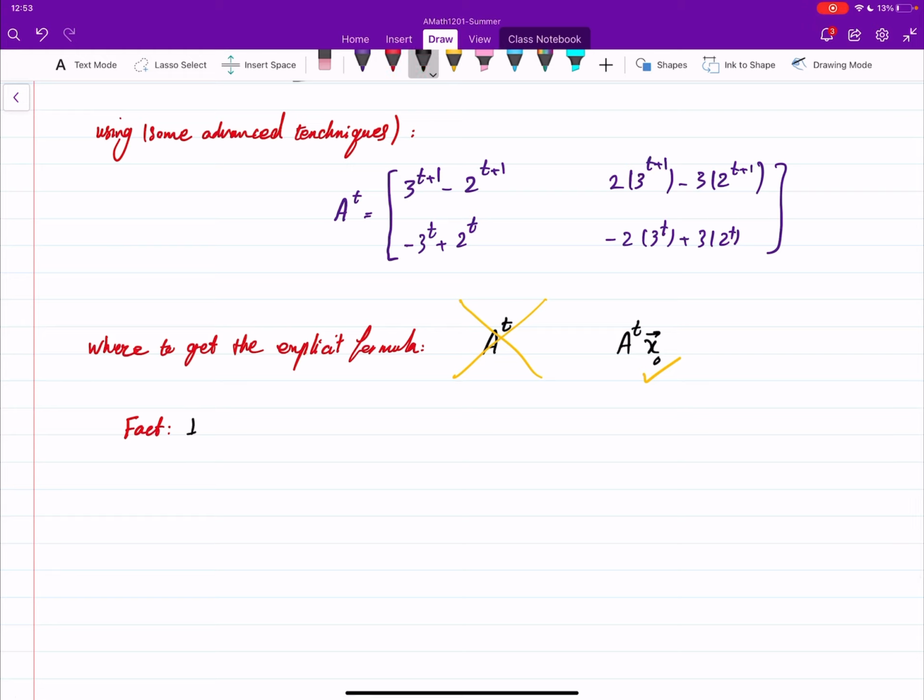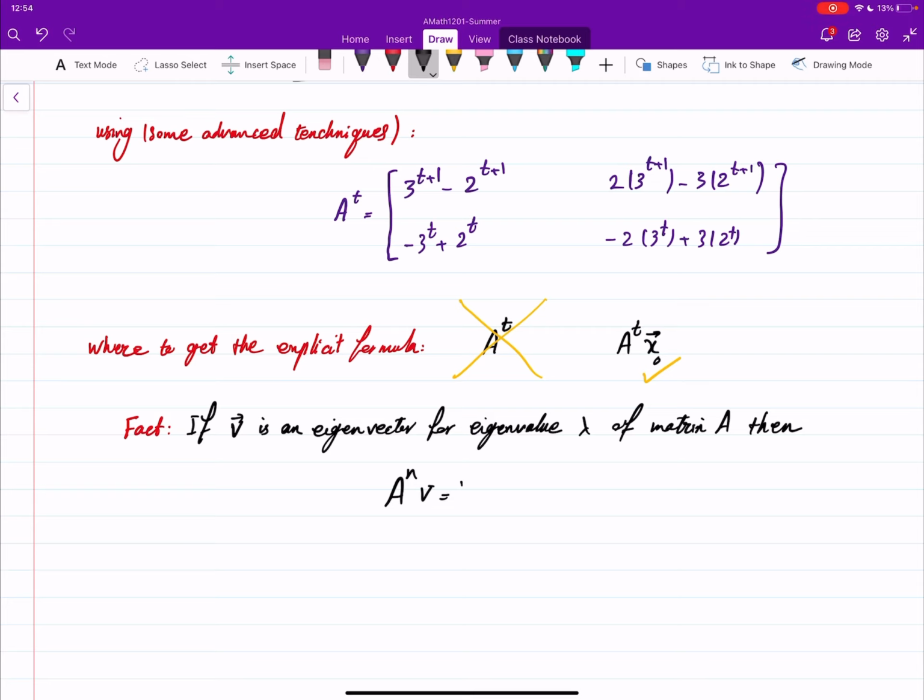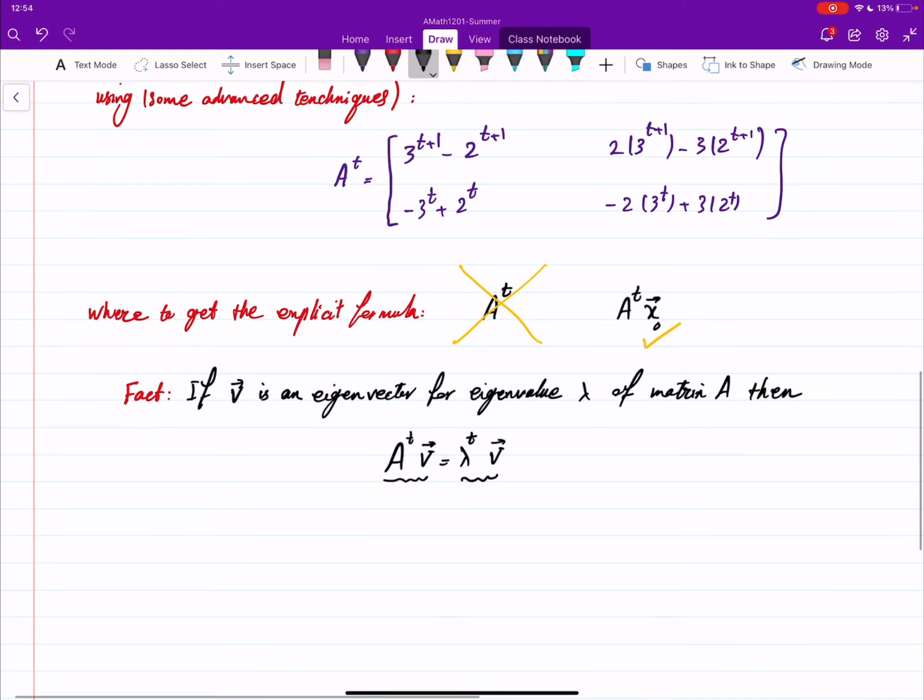And this will be done because of this very nice fact which says: if V is an eigenvector for eigenvalue lambda of matrix A, then A to the power n times V is going to be lambda to the power n times V. This means that when you're multiplying A by an eigenvector, you don't need to be worried about the powers of A. If A times V is lambda V, then A to the power n times V is lambda to the power n times V. Well, instead of n, I will put t here just to be consistent with what we had up there.